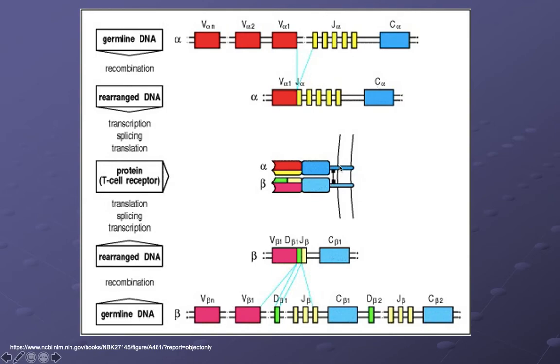So here you can see, eventually, we expect the variable, joining, and the constant segments of the alpha chain to be joined together, so that the transcript will produce the alpha chain in this configuration.